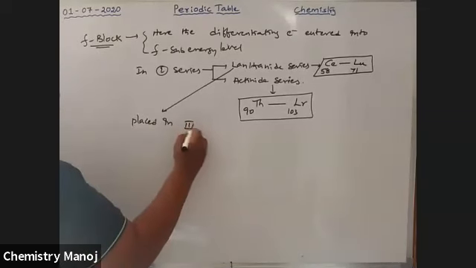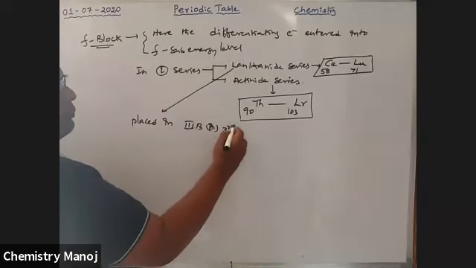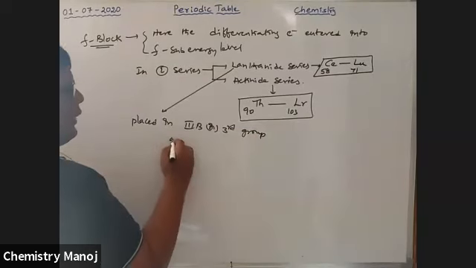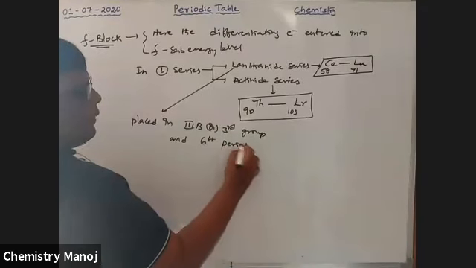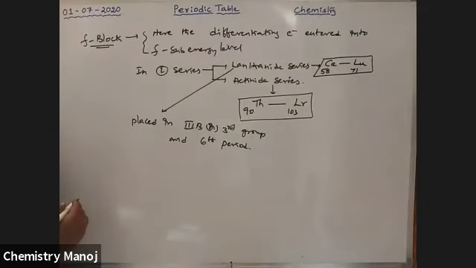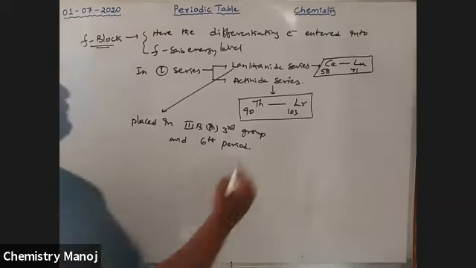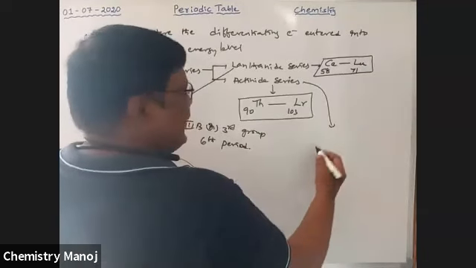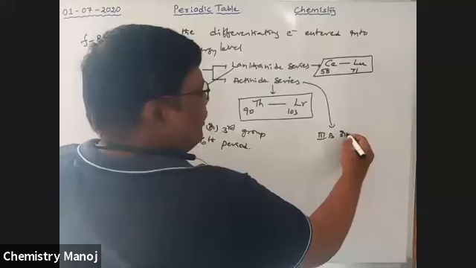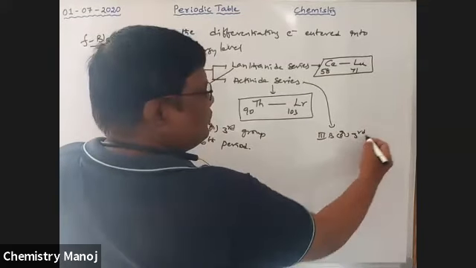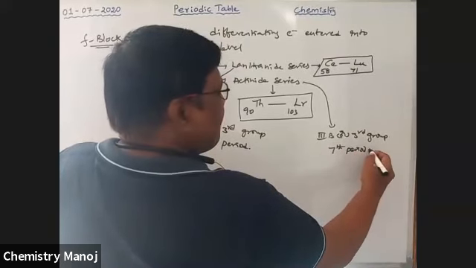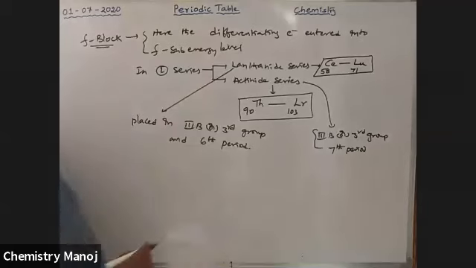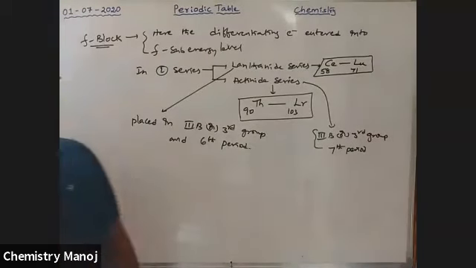Lanthanides are placed in the third B group and sixth period of the periodic table. Actinides are also present in the third B group, but in the seventh period.